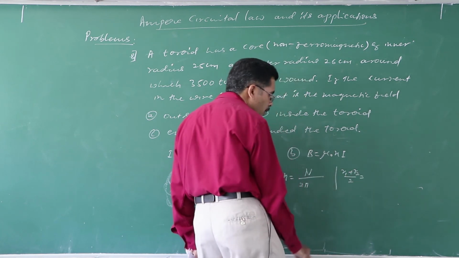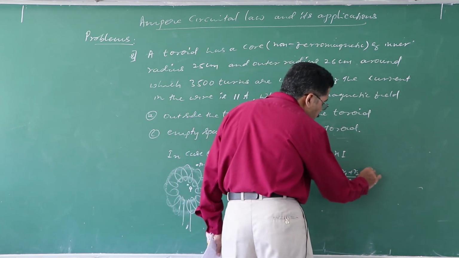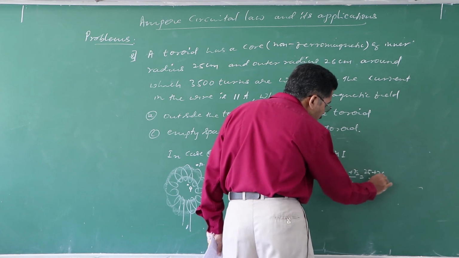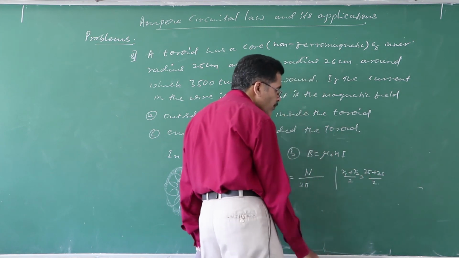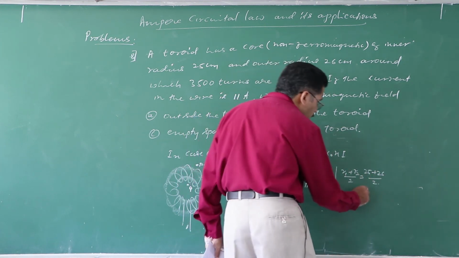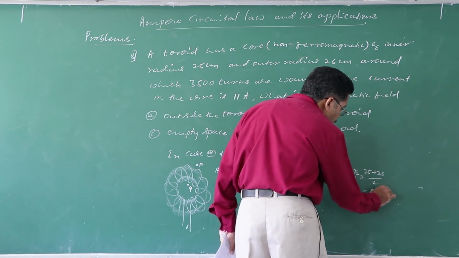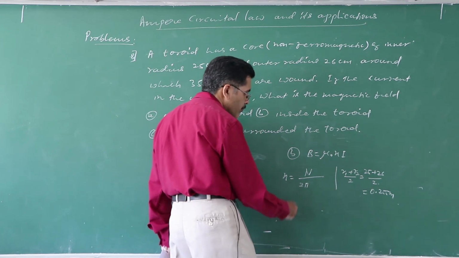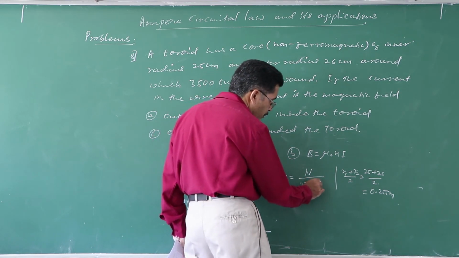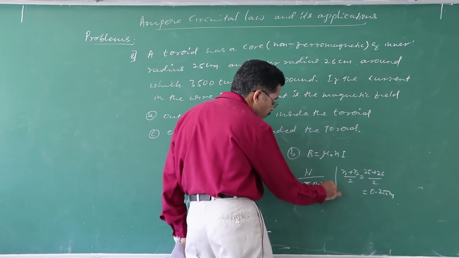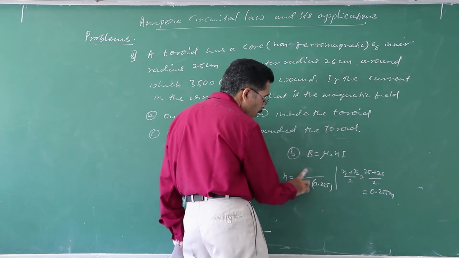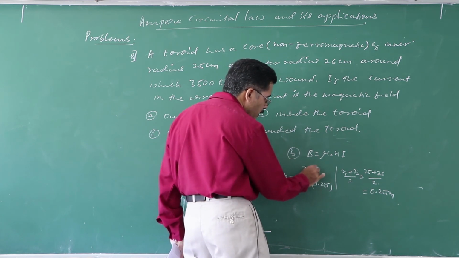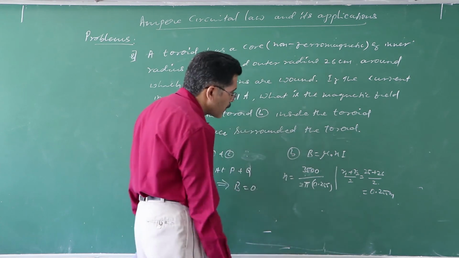See, this gives you what? 25 plus 26 divided by 2, so you will be getting 0.255 meter. How many turns are there? 3500.